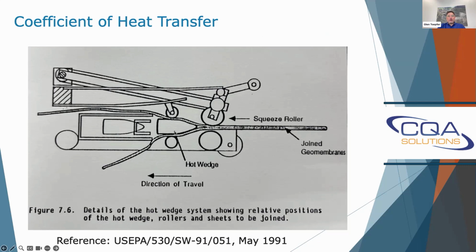I believe it's a longer wedge, so they're stating that it can travel faster because they have increased the surface area. So they're getting the same heat transfer at a faster speed. I believe what's critical is that the geomembrane manufacturers figure out what that heat transfer coefficient should be.